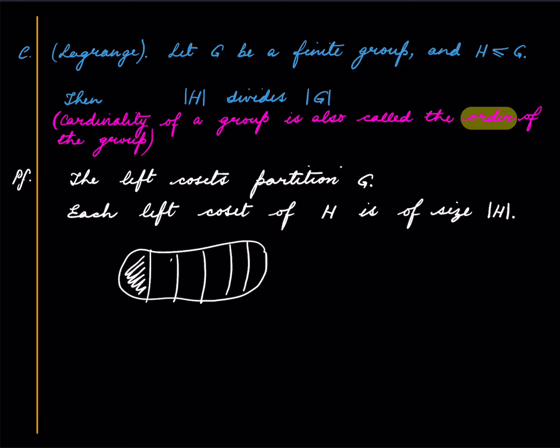This has size cardinality of H, this has size cardinality of H, this has size cardinality of H, and so on. So this must mean that cardinality of H times some integer, whatever that integer might be, let's say k, is equal to the cardinality of the group, which implies that the cardinality of H divides the cardinality of G.